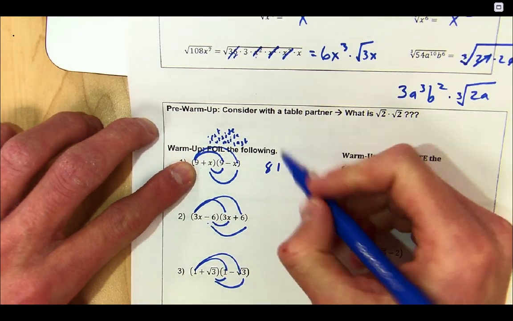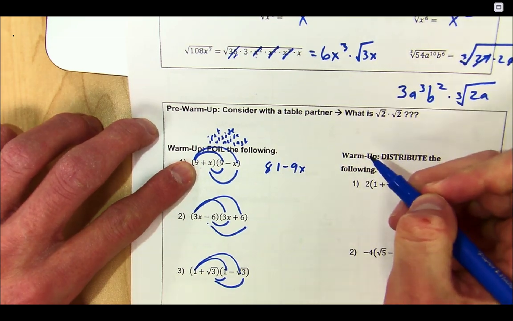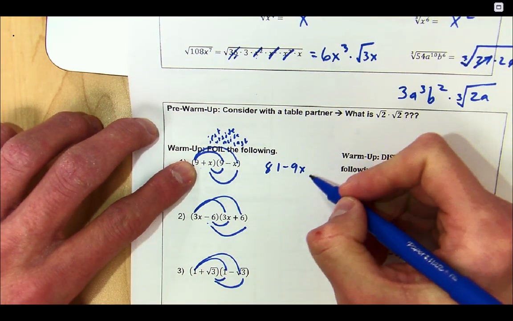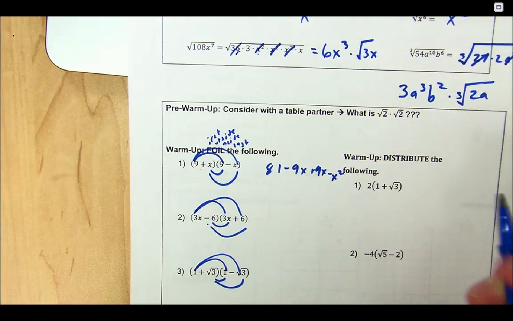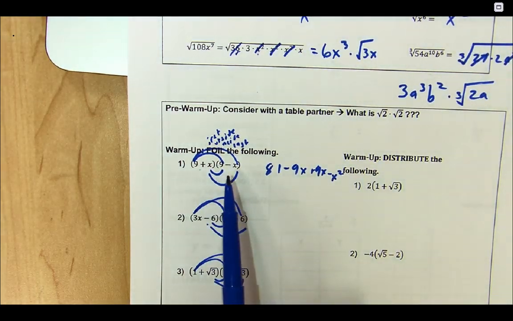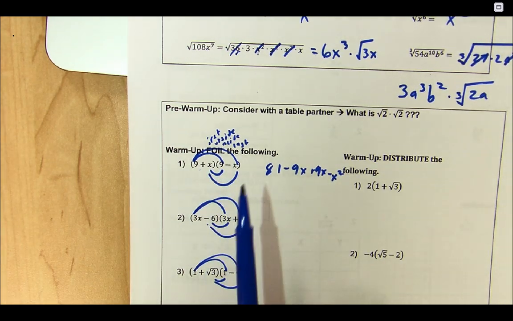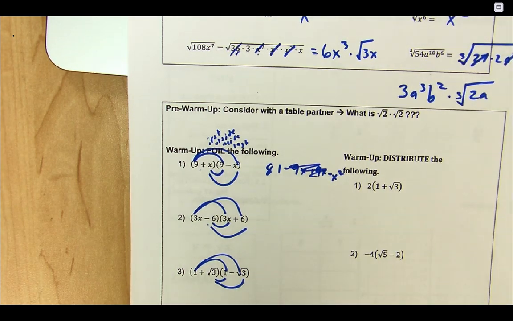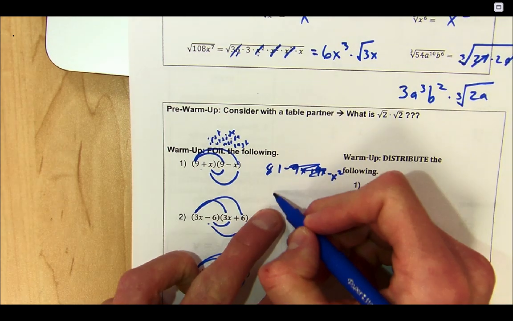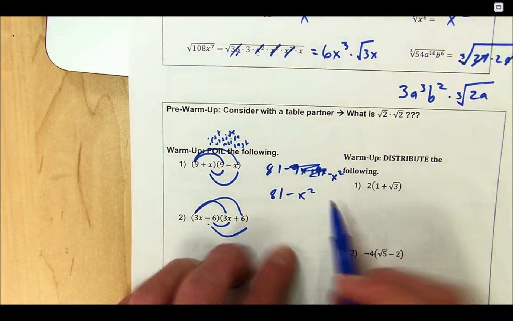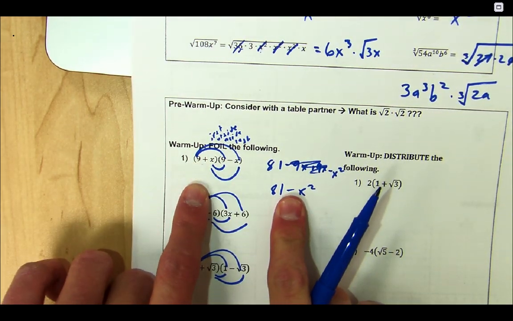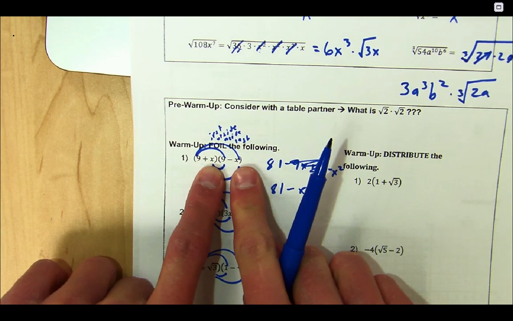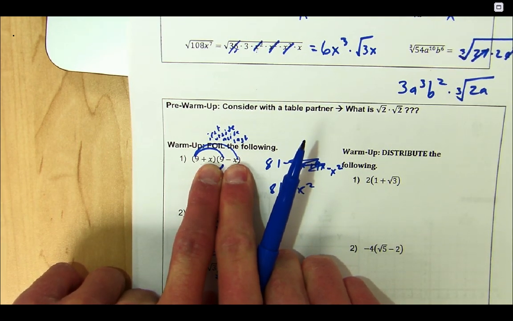You would do 9 times minus x and get a minus 9x. 9 times a positive x is a positive 9x, and then a minus x squared. So because these are the same terms except one's positive and one is negative, the outside and the inside terms are going to cancel out. So you're just left with an 81, which is this thing squared, a minus, and an x squared, which are these two things multiplied together.